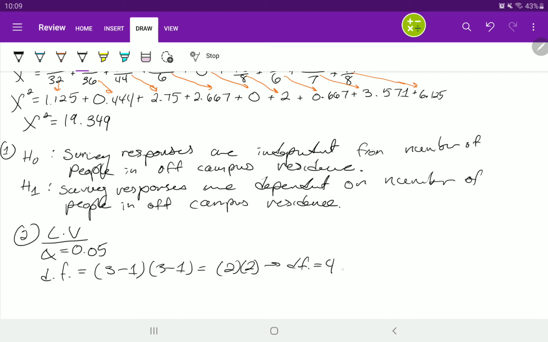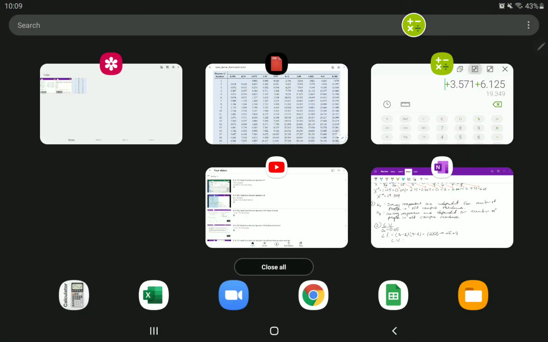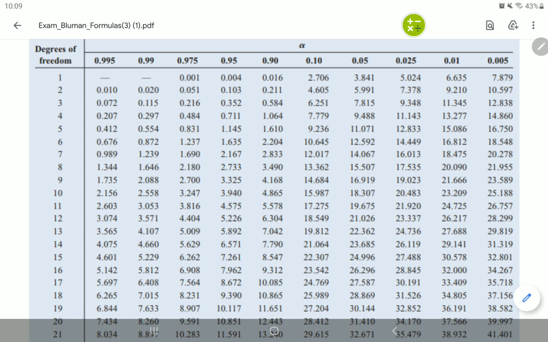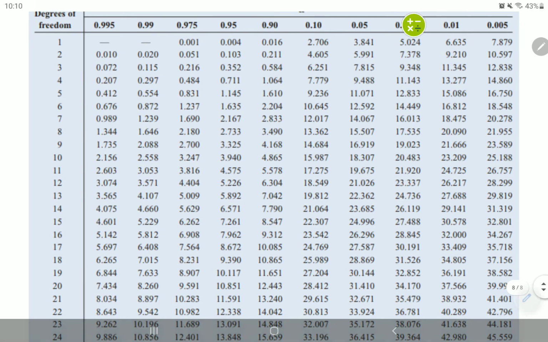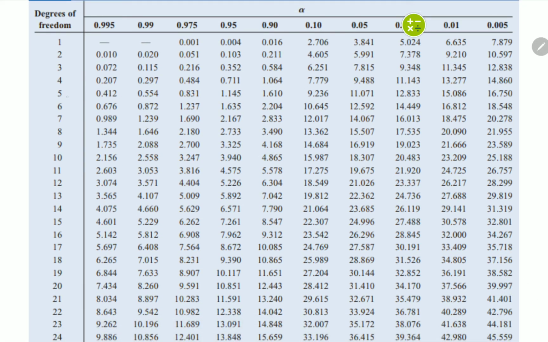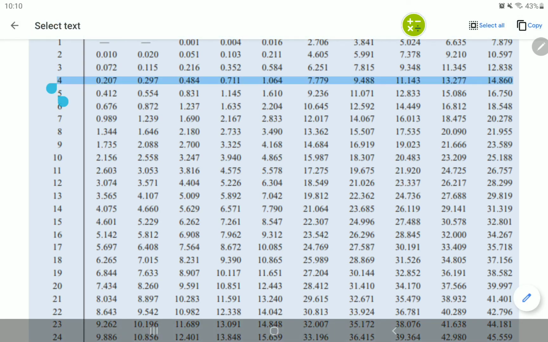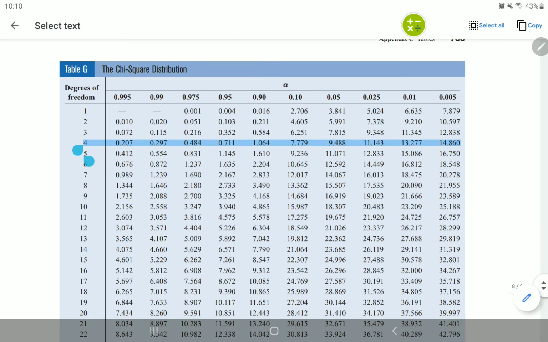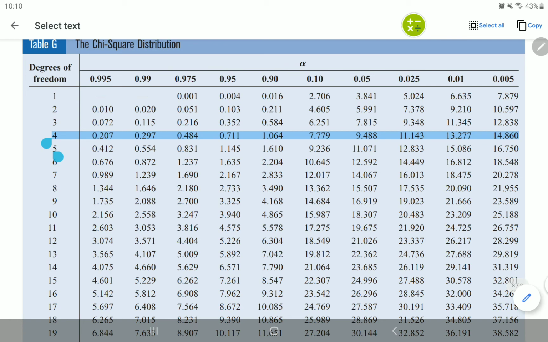Now, with the alpha level, my degrees of freedom, I can find my critical values. Remember that when it comes to a chi-square test, whether it's goodness of fit or a test for independence, it is always a right-tailed test. Degrees of freedom 4. The alpha level is going to be 0.05.